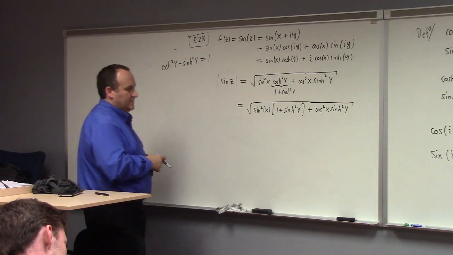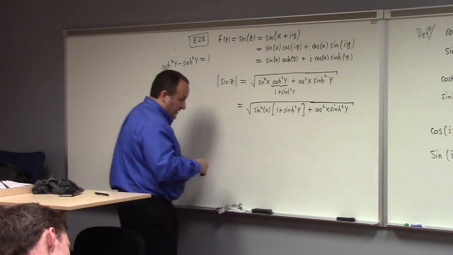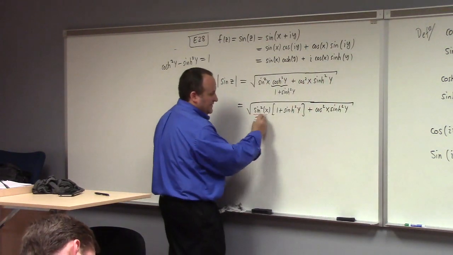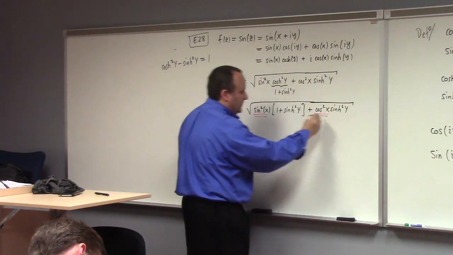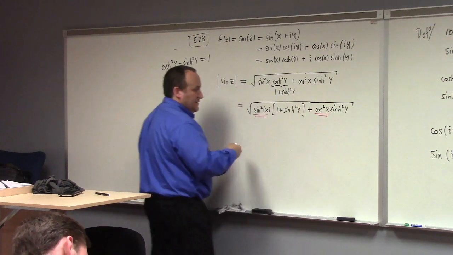And then what happens? Oh, look at that. Something nice happens, doesn't it? Because if we multiply this out, we get this sine squared and that cosine squared. They're both multiplied by sinh squared, so they add together to give us 1.